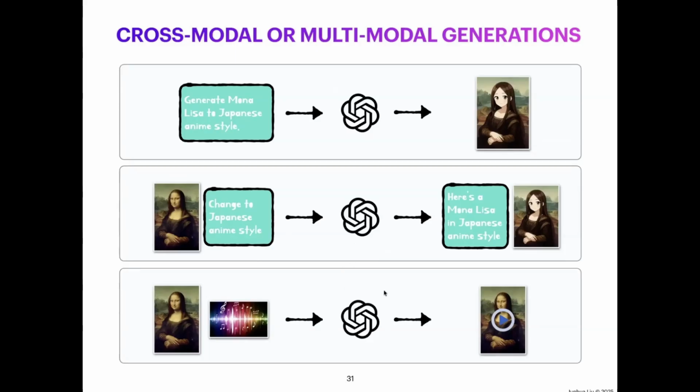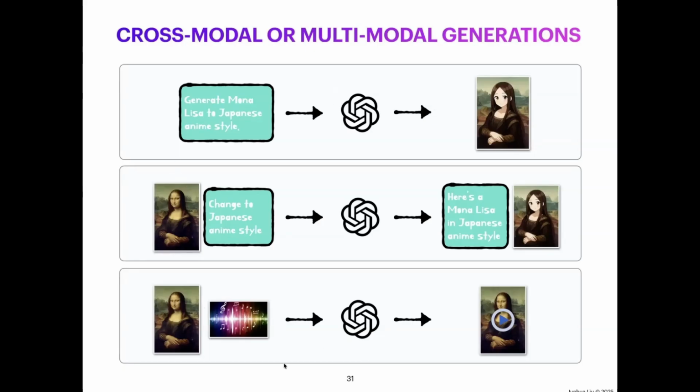And to take a step further, ChatGPT can also generate some videos for us, or Veo by Gemini, which is very powerful. If we pass in an image and pass in some music or some melody, some MIDI, ChatGPT or large language models can generate some fancy video for us. Of course, we can pass in other things like textual information, like a prompt to specify what we want the model to generate.